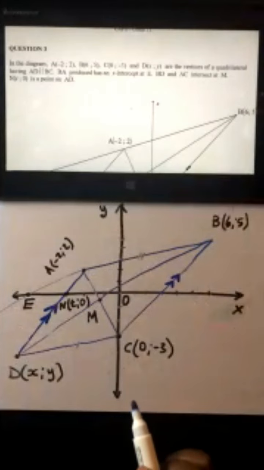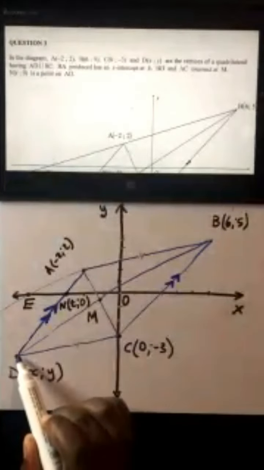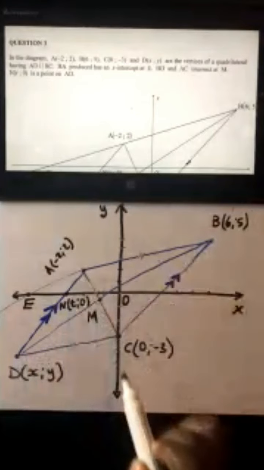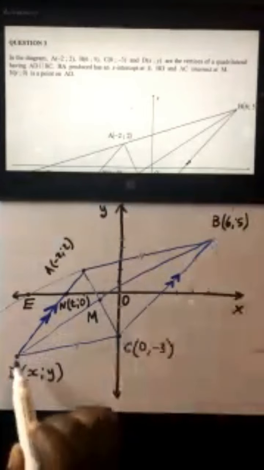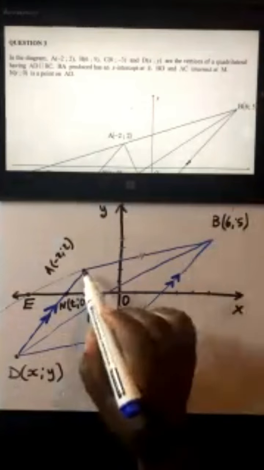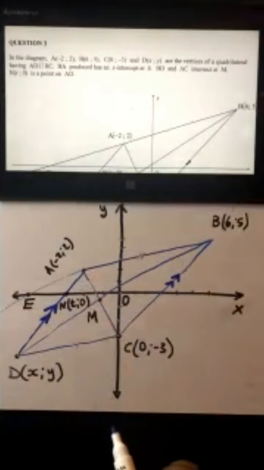And again, ladies and gentlemen, for this to be a quadrilateral, if you draw this line and that line, this should be the center of that point and that point. And again, this should be the center of that point and that point.